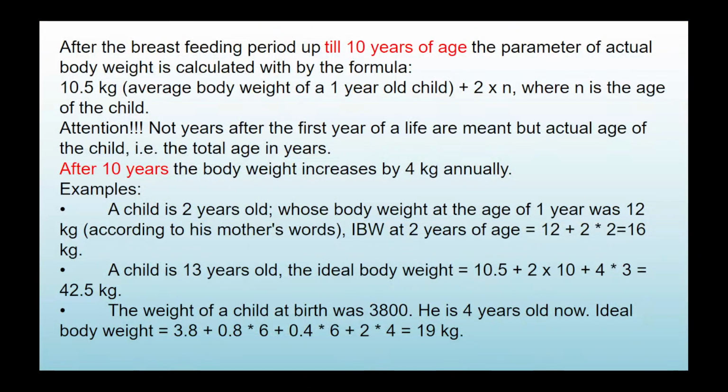After the breastfeeding period, until 10 years of age, the parameters of actual body weight are calculated by the formula: 10.5 kilograms, the average body weight of a 1-year-old child, plus 2n, where n is the age of the child in years. Attention: n is not the year of life, but the actual total age in years.